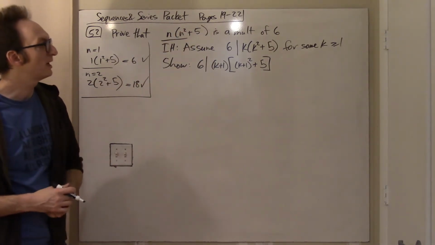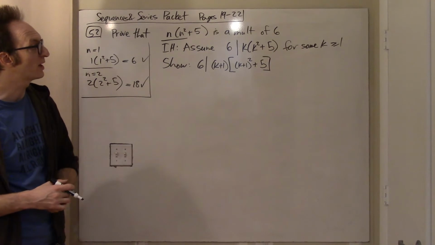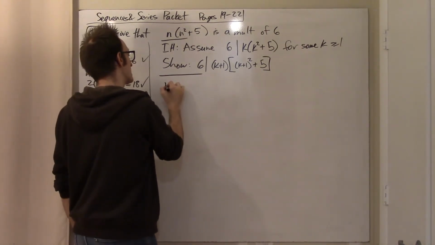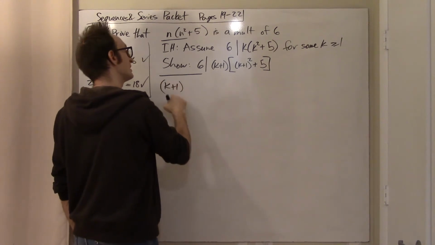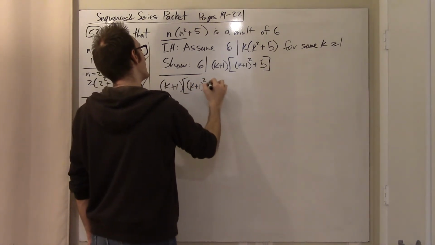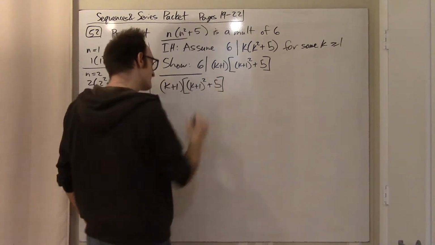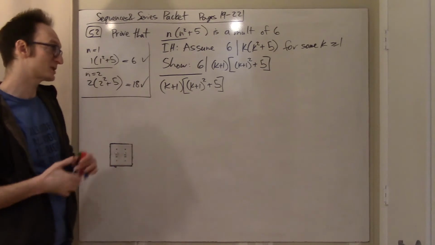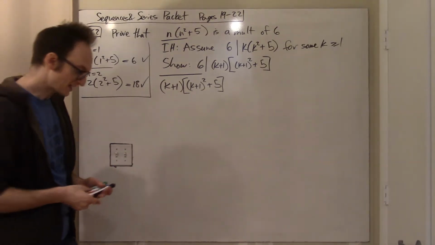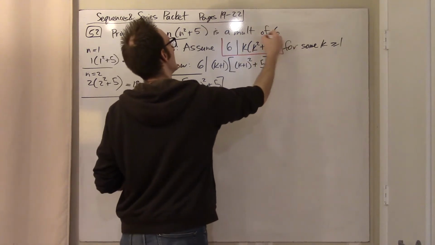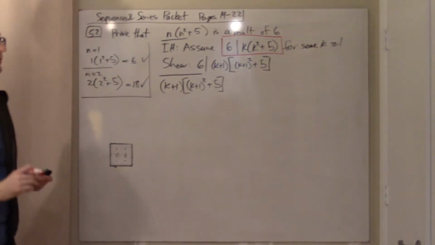Okay, so how am I going to do this? I'm going to start with k plus 1 times k plus 1 squared plus 5, and somehow from this I need to show that it's a multiple of 6, which is not obvious at all. And the one big fact that I am of course going to use is that one.